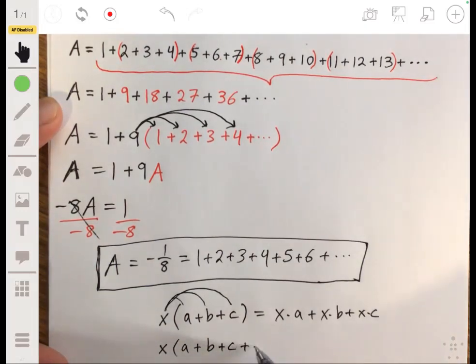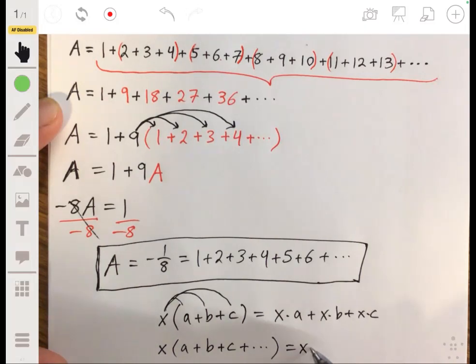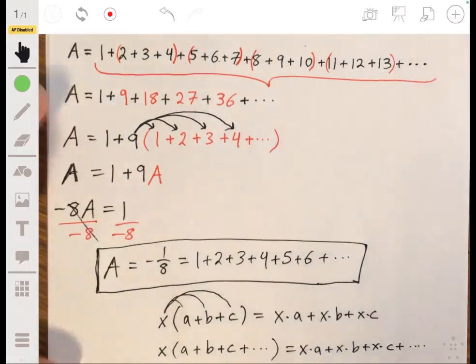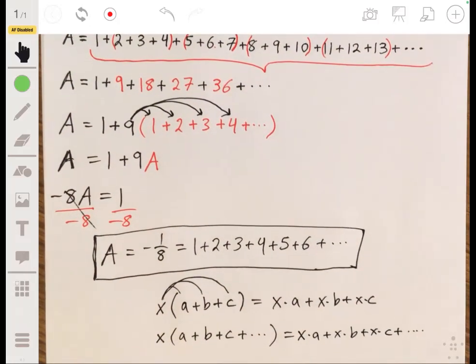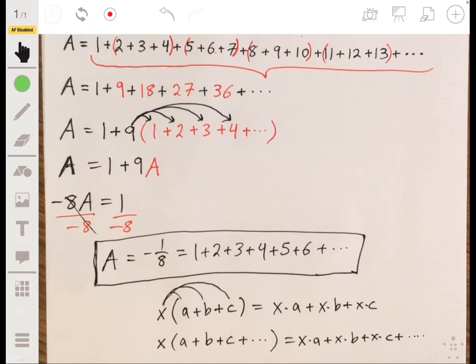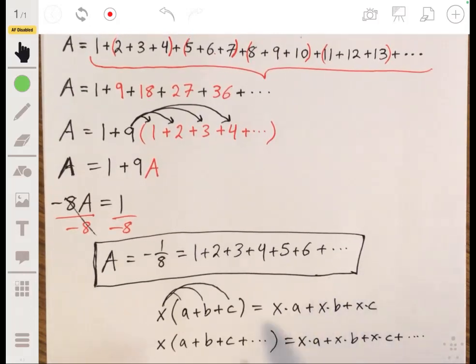If this group went infinitely in there, would that then equal x times a plus x times b plus x times c plus and so on? So you keep on doing that infinitely. And the answer really is that we can't really prove that this isn't true.